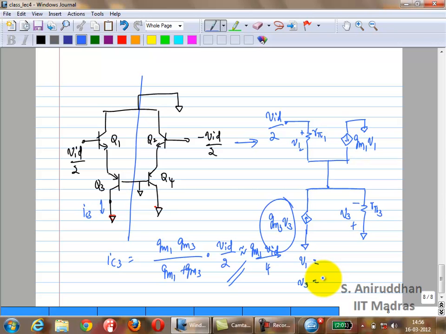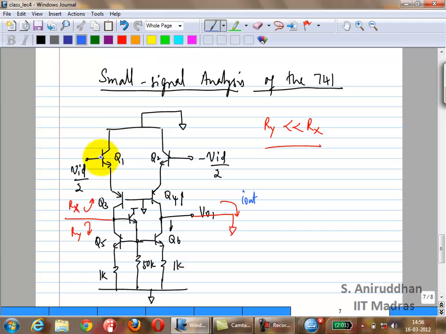Right, VID by 4, obviously, because if the GMs are equal, then the VID which you are applying here is going to split equally between all devices. Once you apply the constraint that GMs are equal, the base emitter voltages are going to split almost exactly between all 4 devices. So you apply VID by 4, VID by 4, VID by 4, VID by 4.